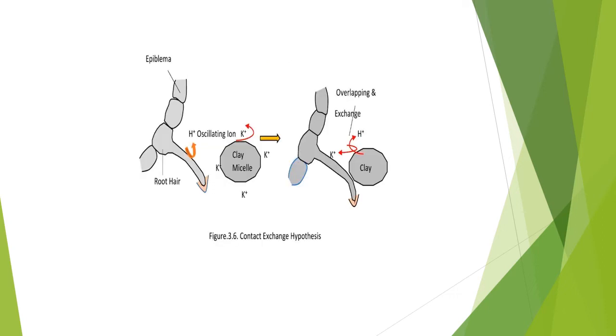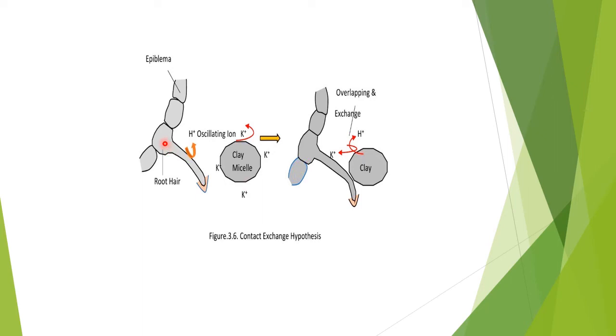As per this hypothesis, simply explained, if this is the epiblema, this is a root hair, an extension of the epiblema, and this is a clay micelle which has a potassium on it, this potassium here is oscillating with the clay micelle.